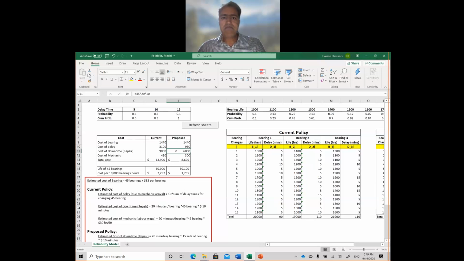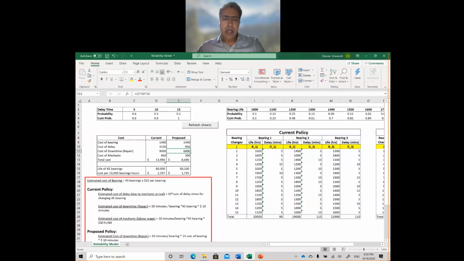But for the proposed, we have 15 replacements, and each time we are replacing all three bearings, so the time is 40 minutes. So 15 times 40 times 10 will be the cost of downtime for the repair of the machines in the proposed system.